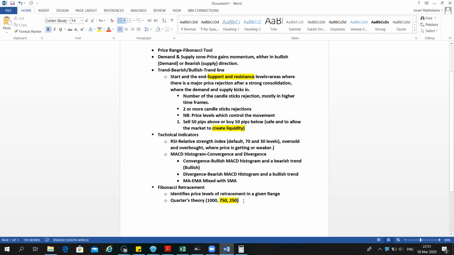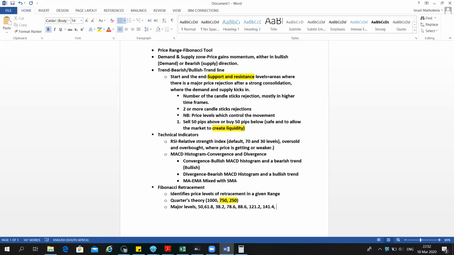Now we discussed the quarters theory. I didn't want to go deep into it, but at least we know how to identify. So the major Fibonacci levels to talk about are the 50, the 61.8, the 38.2, the 78.6, the 88.6, the 121.4, the 141.4, and then the 242 all the way up.